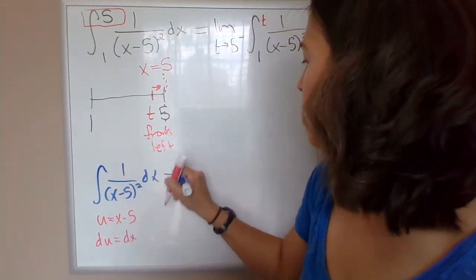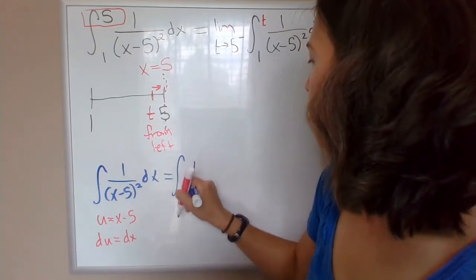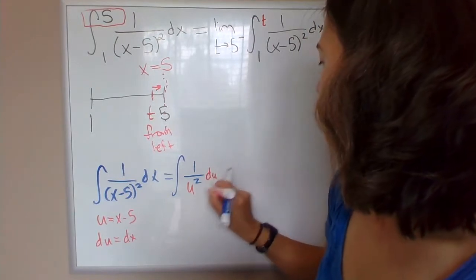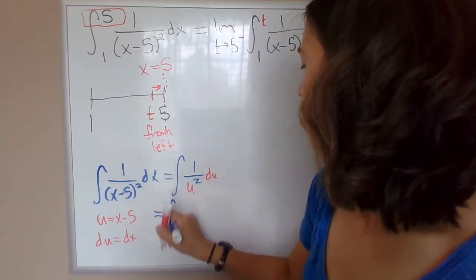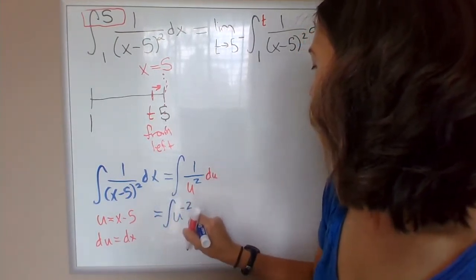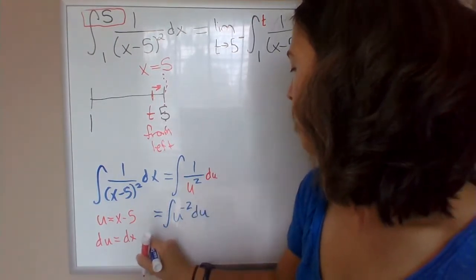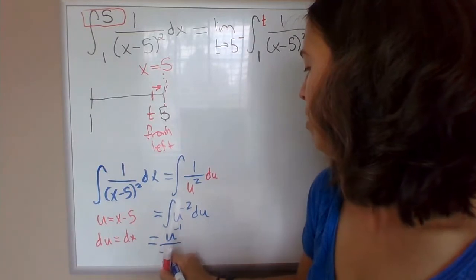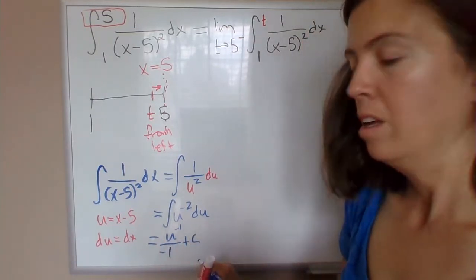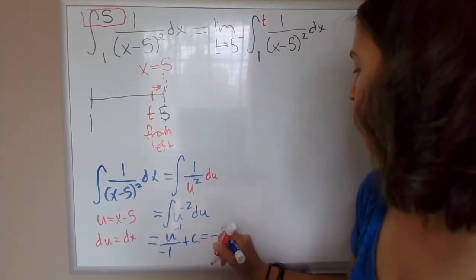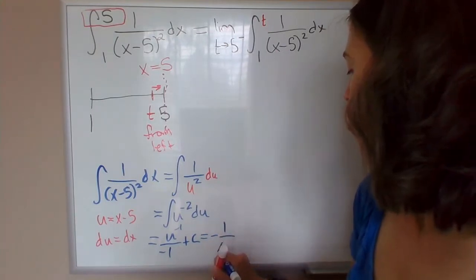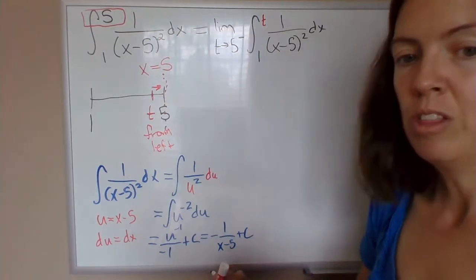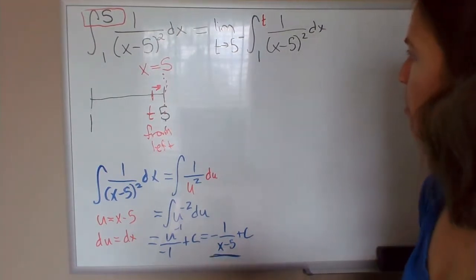So this is the integral of 1 over u squared du, which is the integral of u to the negative 2. If we apply the power rule, the antiderivative is u to the negative 1 over negative 1. So put the negative in front, u to the negative 1, that's 1 over u, which is x minus 5. Okay, so there's our antiderivative.